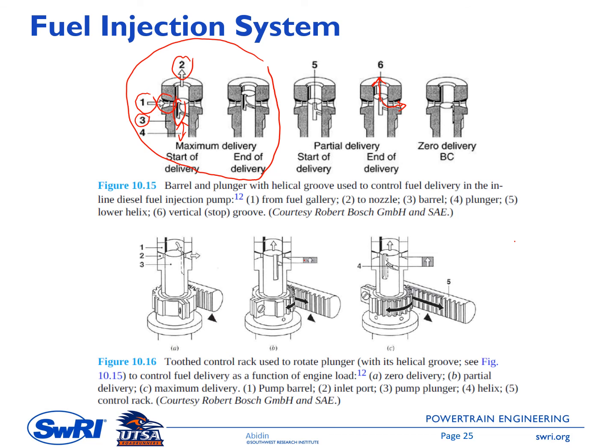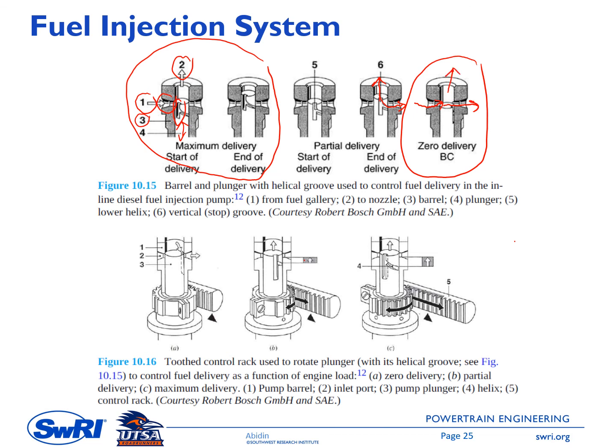So this is partial delivery. And on the far right figure, this is where we have zero delivery. In this case, the fuel moves from the left, and then all of the fuel moves to the right, so there is no fuel moving into the nozzle.